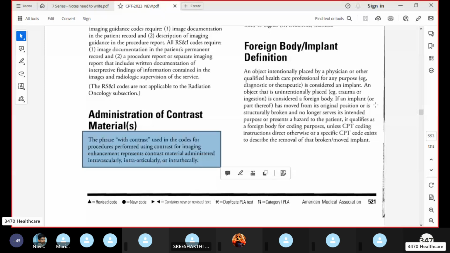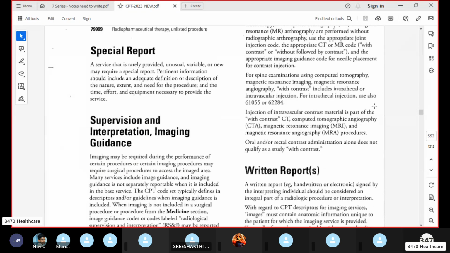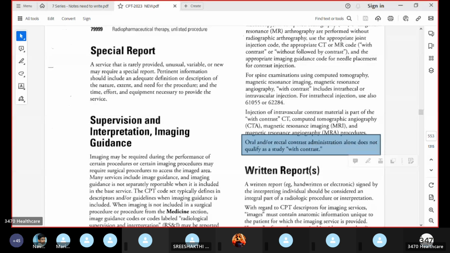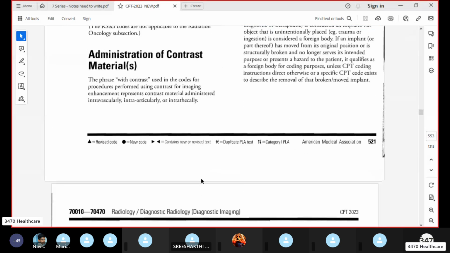In the fourth last paragraph, you read that oral rectal is without contrast. So I said contrast material given means with, not given means without, but the route is also very important. Oral rectal contrast material given, what will you tell? Contrast material given through oral rectal.